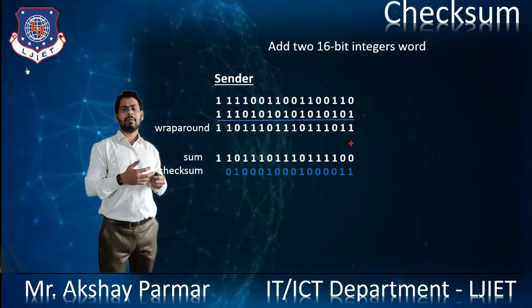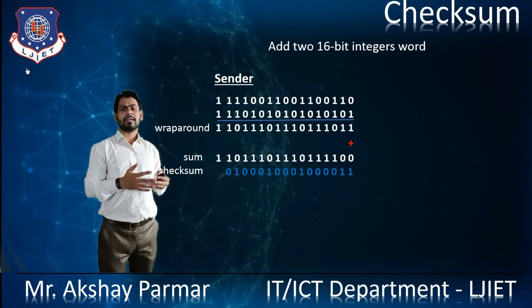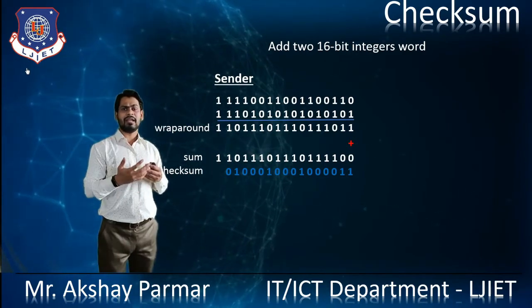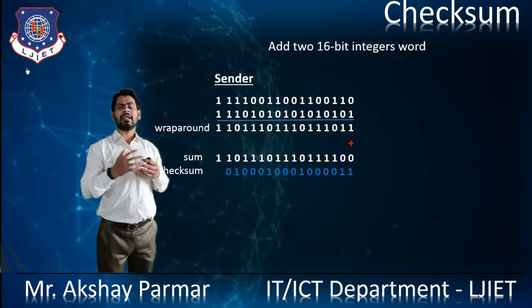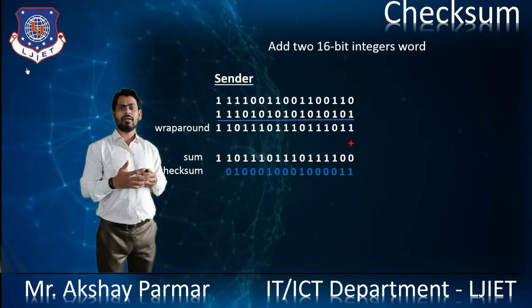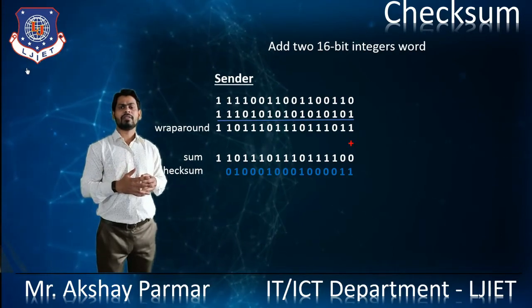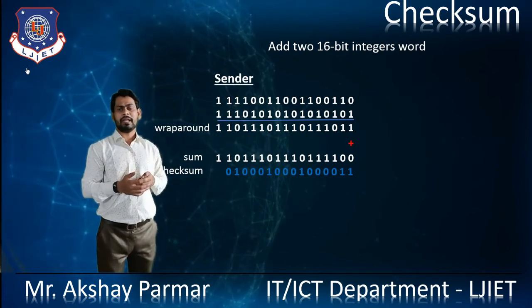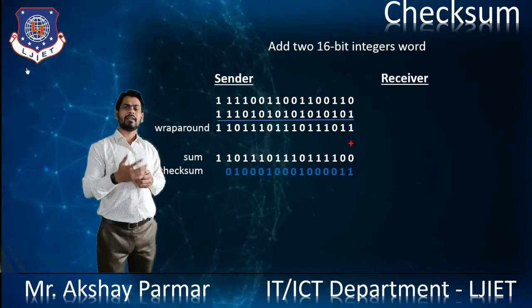With the help of this checksum, the receiver can ensure whether the data is authentic or modified, and whether any erroneous noise was encountered. That's why we send the checksum along with the actual data.